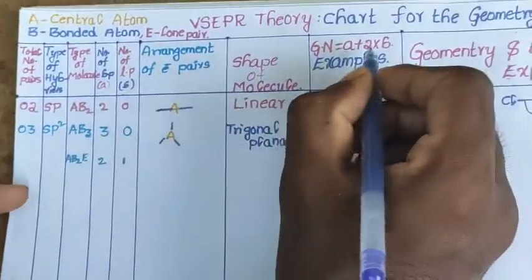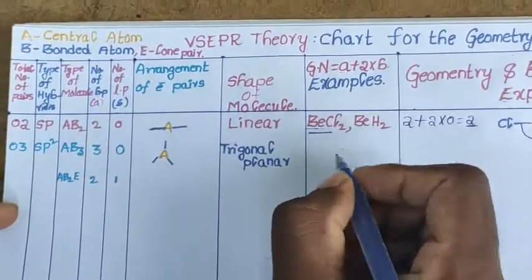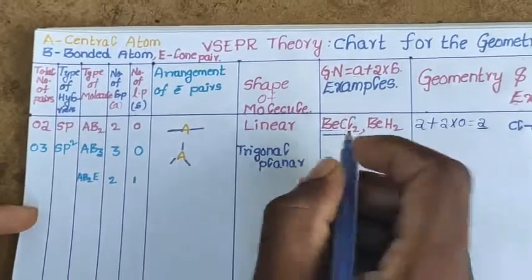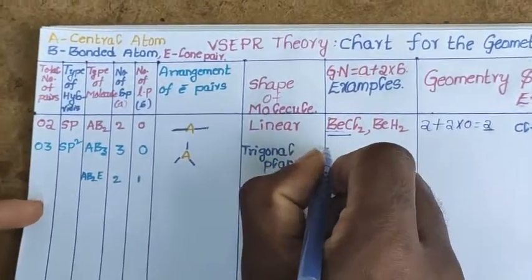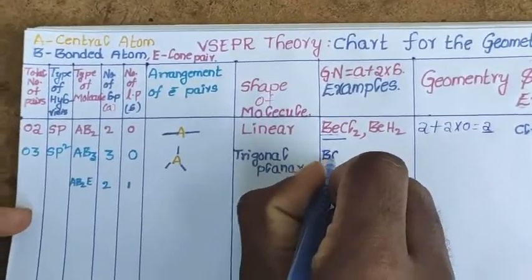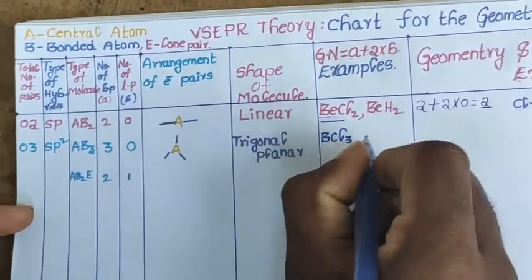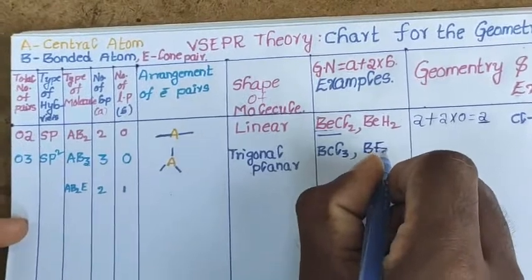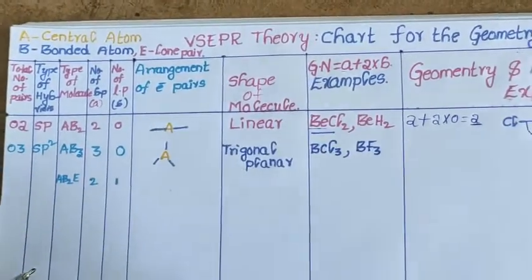So 3 plus 2 into 0, 3 only. What is the group 3 element? Boron. So BCl3 and BF3 are the examples.